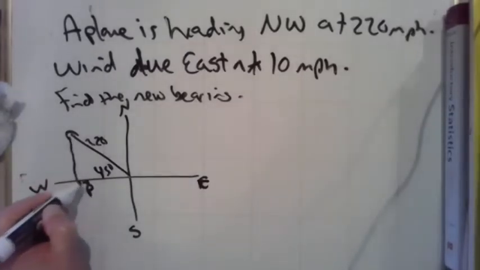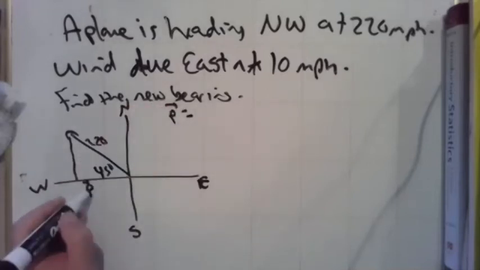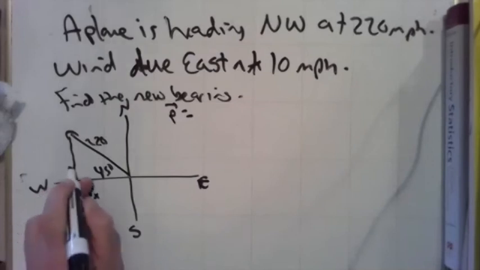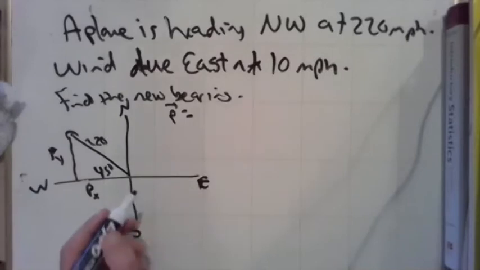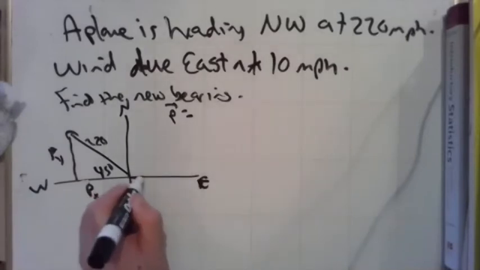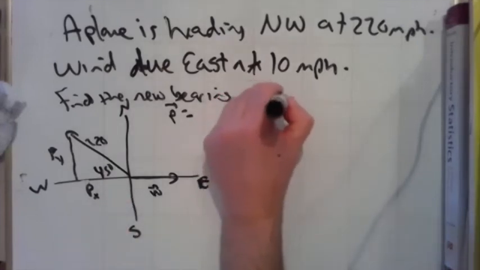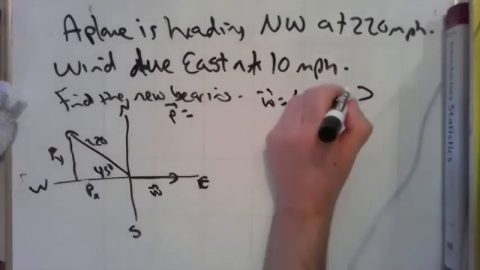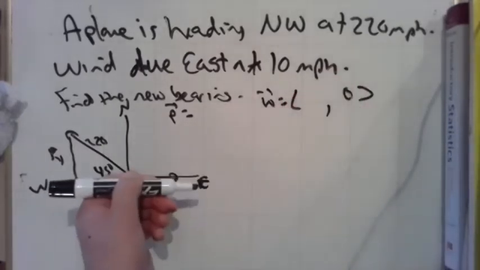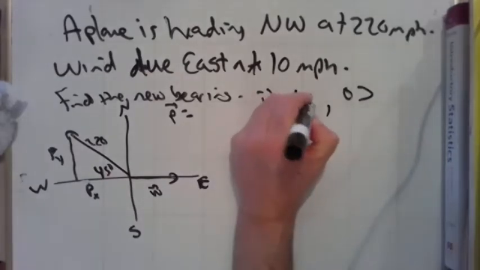Let's call him the vector p for a plane. Here's his x component, and here's his y component. And then I had my wind vector. It was blowing straight east, so he doesn't have a y component. Here's my wind vector. He'll be easy. His y component is 0 because he's just going in the x, and his x component was 10.